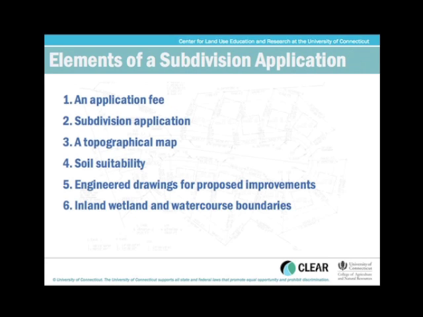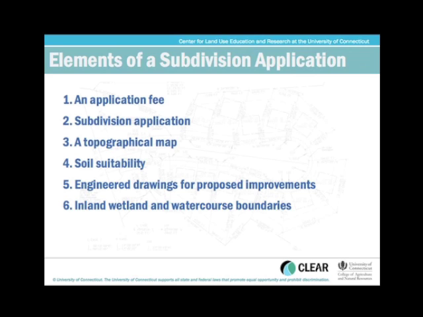Generally, when you get a subdivision application, you're going to get a lot of stuff. Obviously there's an application fee. The applicant will submit a written application, along with maps, so topographic maps, something showing soil suitability, engineered drawings of what they're proposing, as well as looking at inland wetlands and watercourse boundaries.